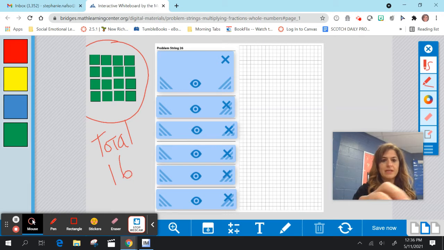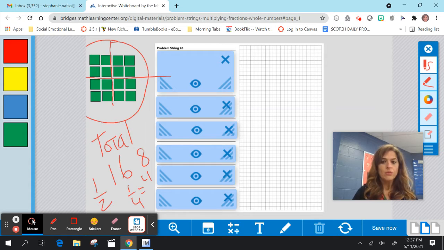If I said what is half of 16, you would tell me it's 8. And if I tell you what's 1/4 of 16, well, we know from fractions, 1/4 is half of a half. So half of 16 is 8, and half of 8 is 4. So 1/4 of 16 is 4.